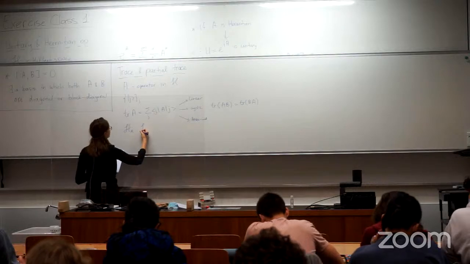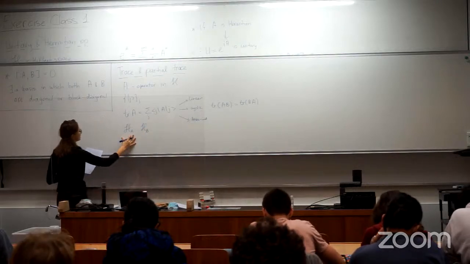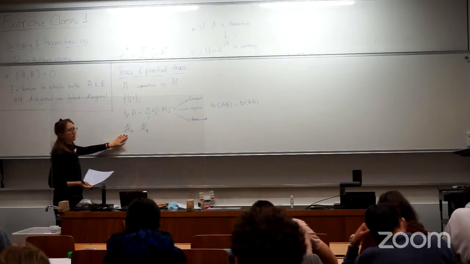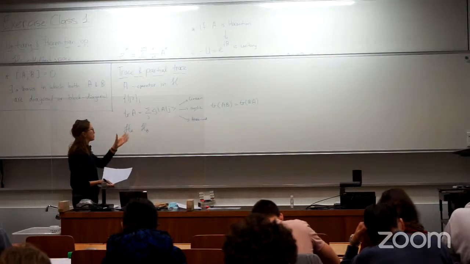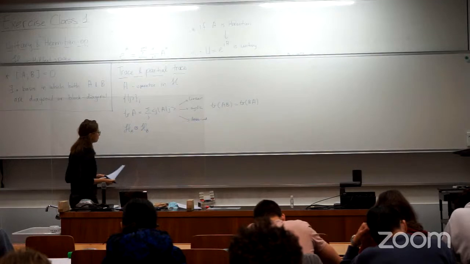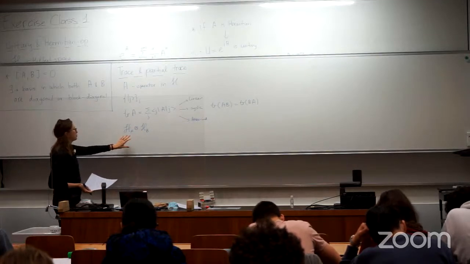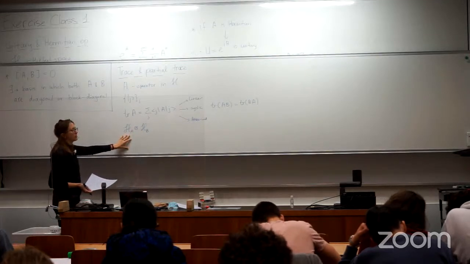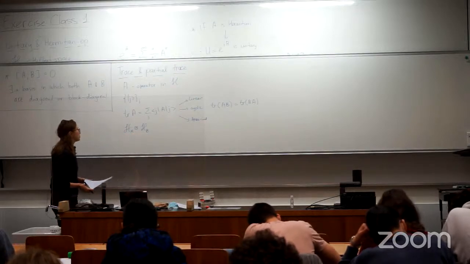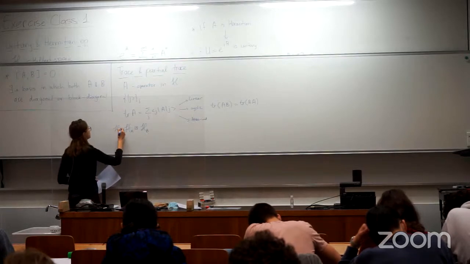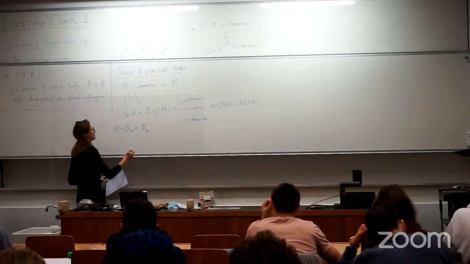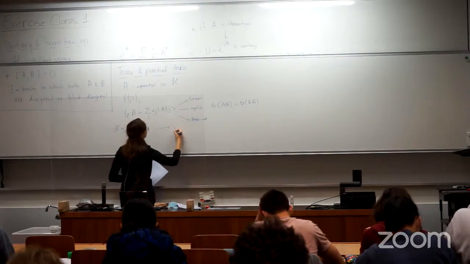Say that A describes the quantum system A, and B describes the quantum system B. Then to describe all joint states in the systems A and B, we would need to take a bigger Hilbert space, which would be the tensor product of these two spaces. And suppose that we have a system which is described by density matrix rho AB.